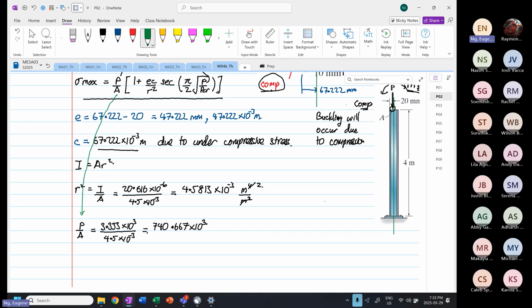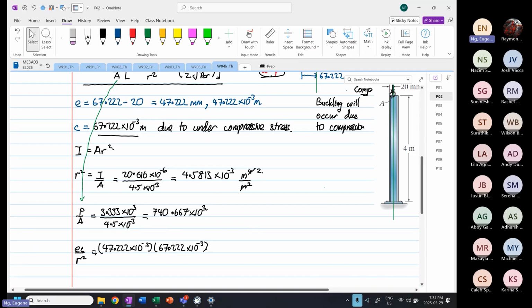And then we have to calculate EC over R squared. So E is equal to 47.222 times 10 to the power minus 3. Our C is equal to 67.222 times 10 to the power minus 3.